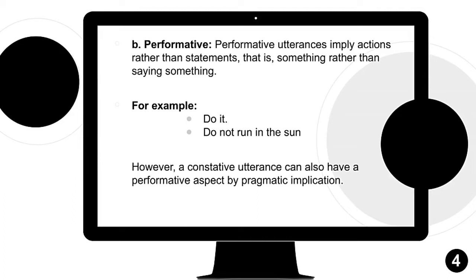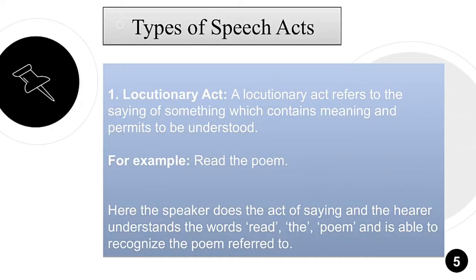Performative utterances imply action rather than statement, that is, doing something rather than saying something. For example, do it. Do not run in the sun. However, a constative utterance can also have a performative aspect by pragmatic implication.